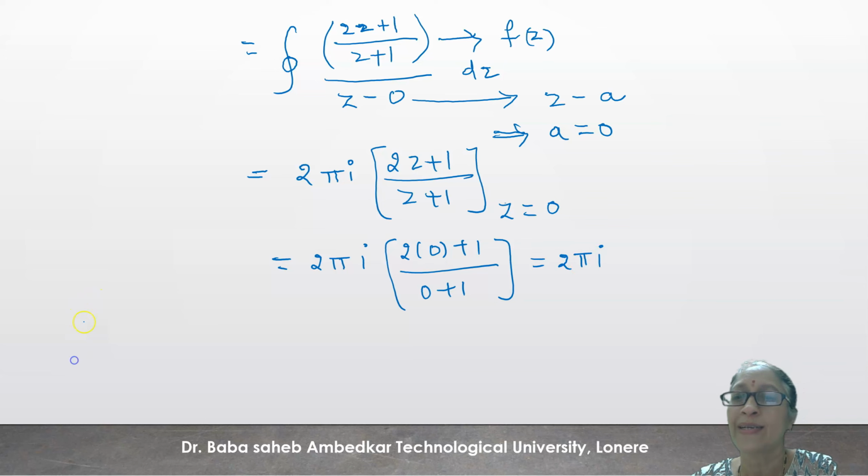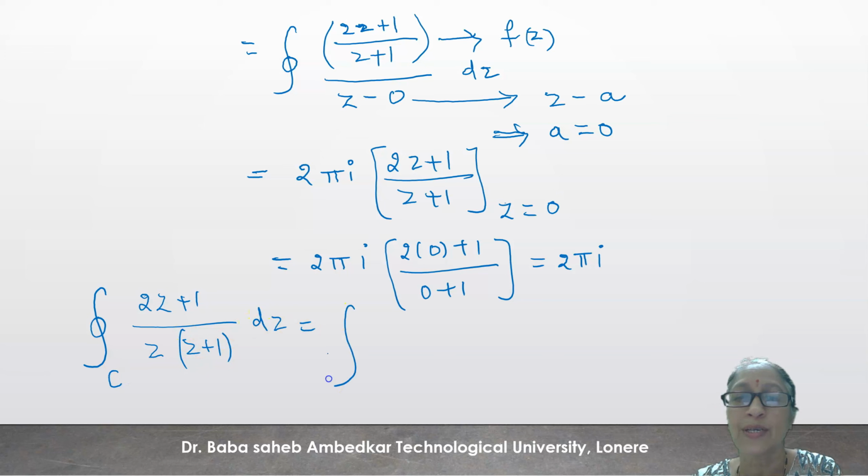Now the value of the integral of (2z plus 1) upon (z square plus z), or let us write z into (z plus 1), dz, this is along curve C. So here along C1, first we have taken this integral upon z by z plus 1, right?